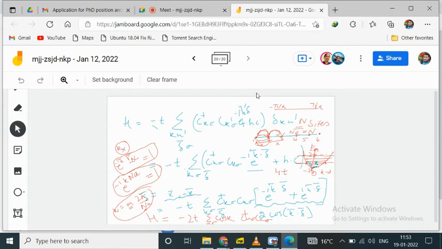The total number of energy levels will be 2N, because you have spin, and then you have N values of momentum. So you will have 2N values, right?